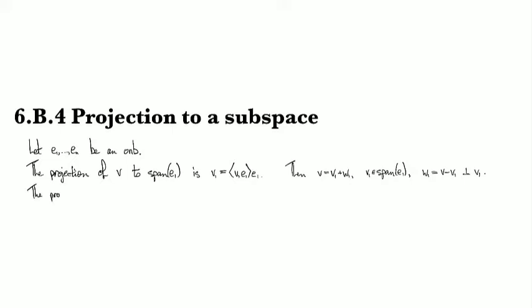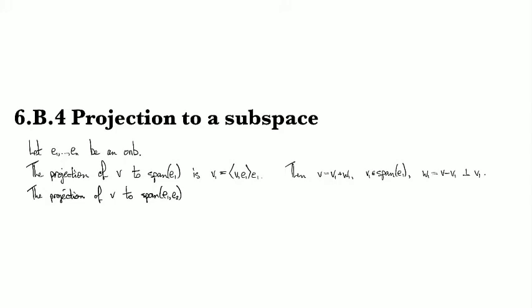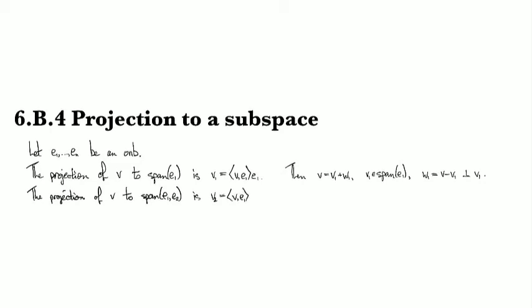The projection of v to the span of e1, e2, so now this is a two-dimensional subspace, is going to be v2, given by the inner product of v with e1 times e1 plus the inner product of v with e2 times e2.